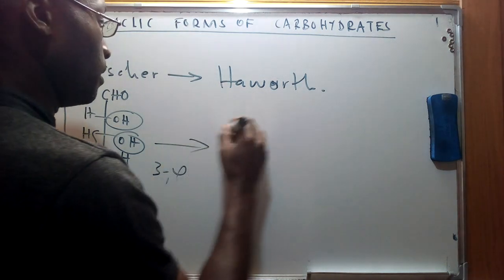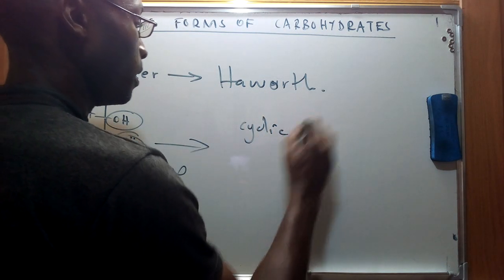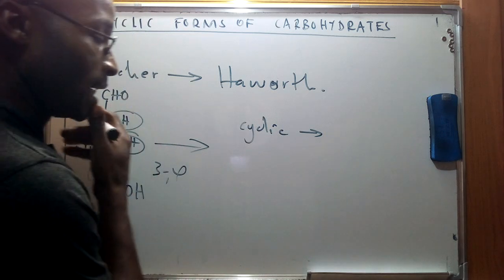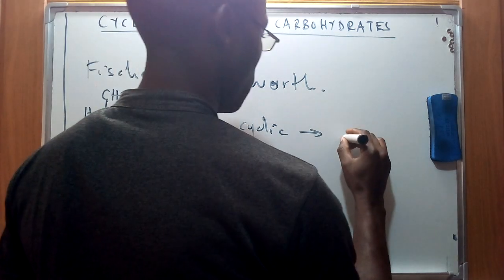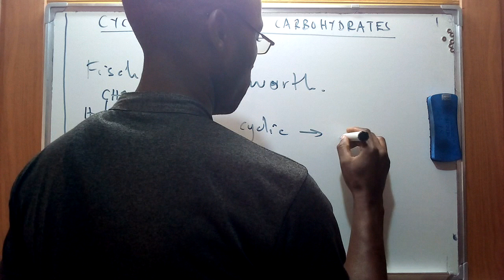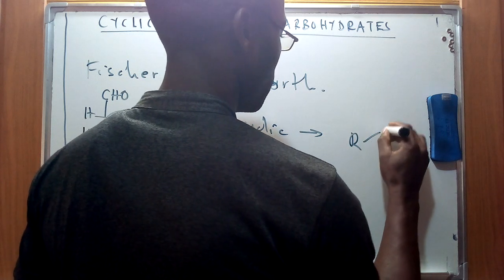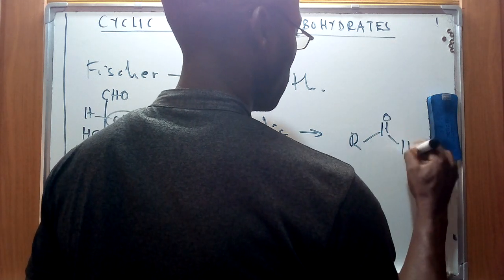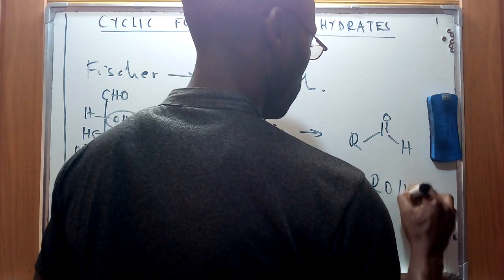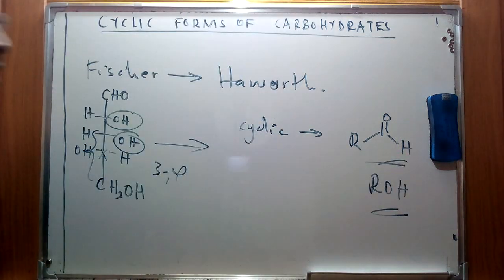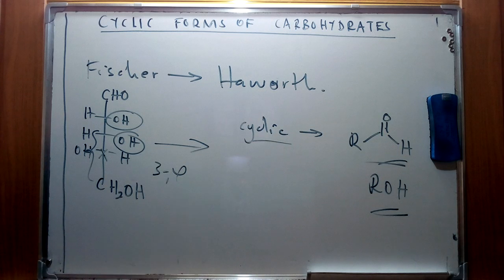For us to realize the cyclic forms of carbohydrates, we said that we have two specific groups: the functional group for aldehydes, which is mentioned together with the OH group, which undergo a rearrangement in order to form a cyclic set of forms of these sugars.